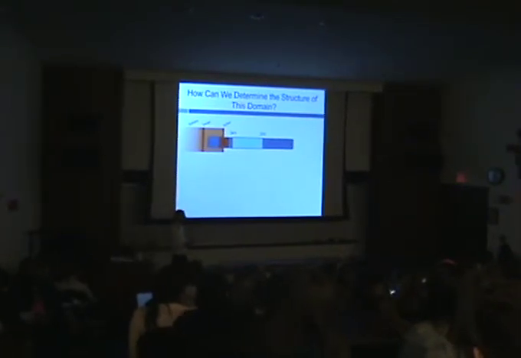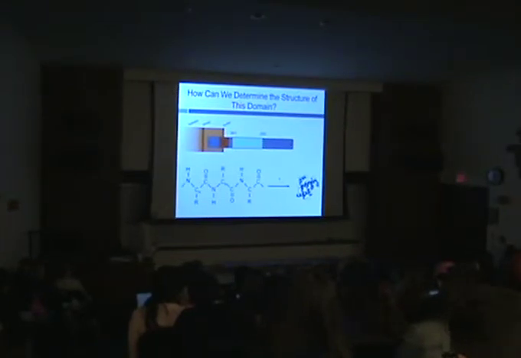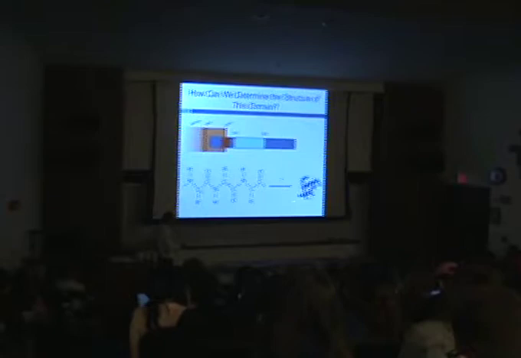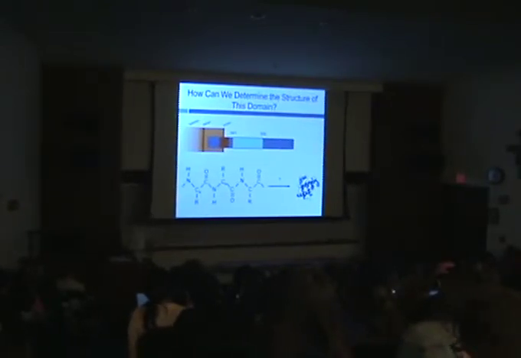We need to be able to pair the structural biology with other techniques to make sense of what we're seeing. So at this point, we had a pretty decent idea of where we thought it might be functioning in this activation mechanism of this protein. So we said, can we determine the structure of this domain? So how do we go from this to this nice structure?